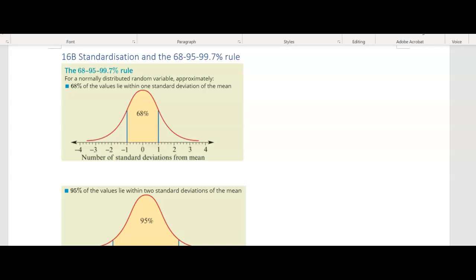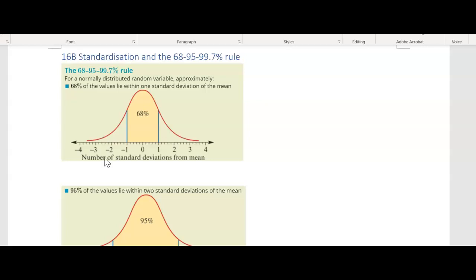The 68, 95, 99.7% rule basically just tells us the proportion of a population that falls within 1, 2, 3 standard deviations of the mean. And you remember with normal distribution, your data does have to be symmetrical. So we always have to have a bell-shaped curve. It won't work if it's skewed data or skewed probability. So it has to have this bell-shaped curve.